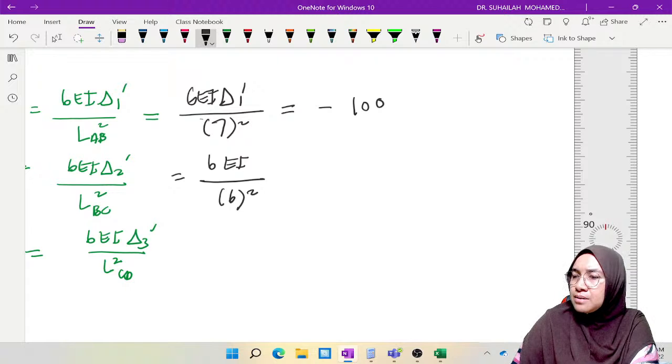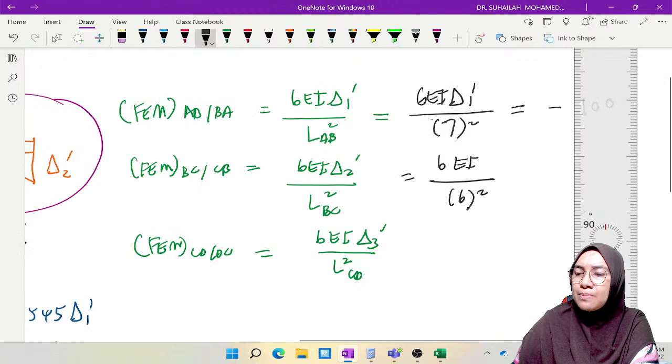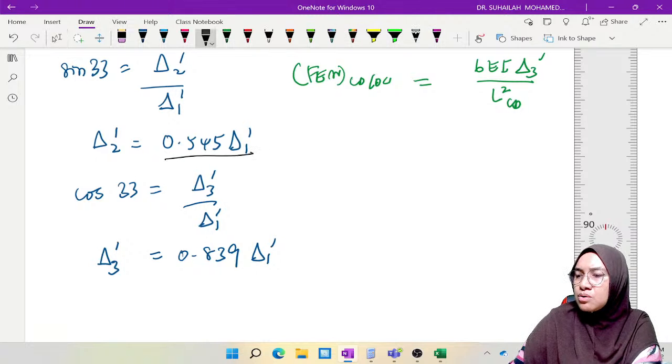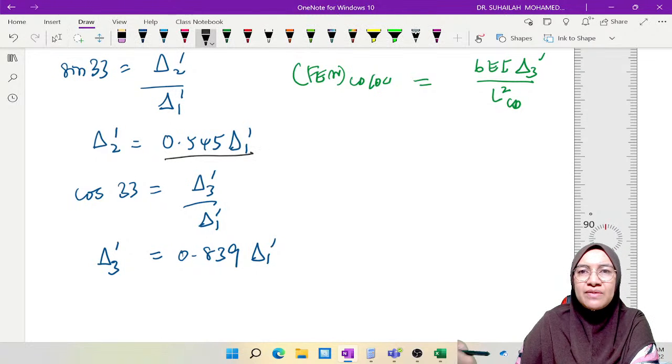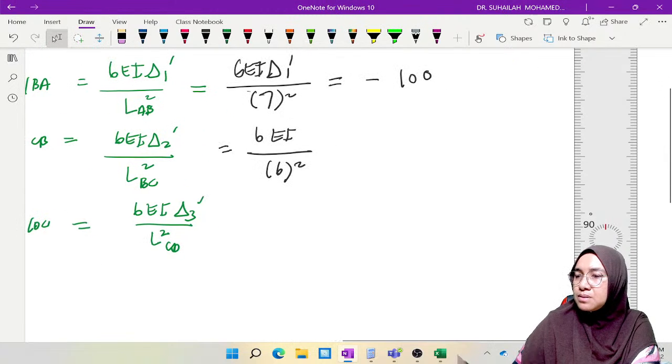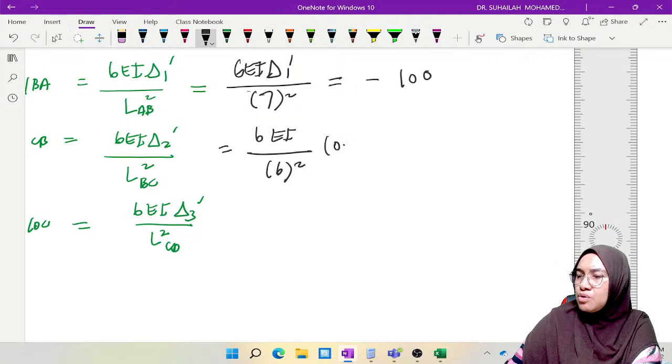Delta 2 prime in terms of delta 1 prime is equal to 0.545 delta 1 prime.